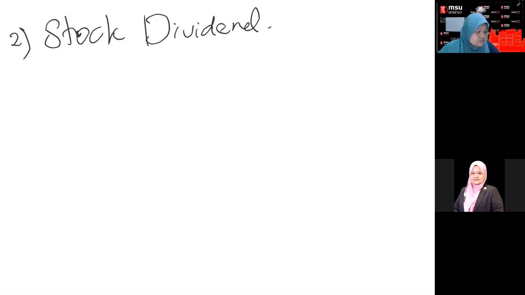So for example, Encik Nazri owns 100 shares. Samdabi recently announced to pay a stock dividend of 10%, and the share price is 2 ringgit. Even though the price is 2 ringgit, after the stock dividend the price will decrease, because of the increase in the number of shares.